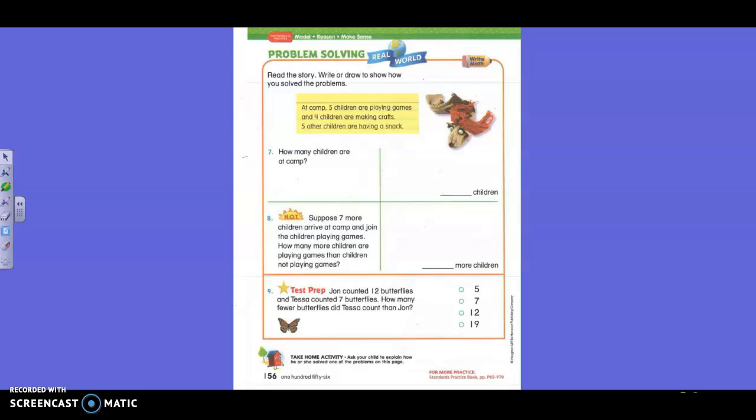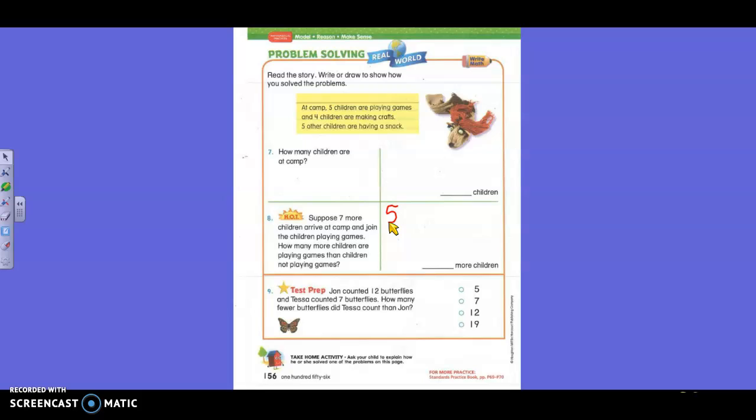Suppose 7 children arrive at camp and join the children playing games. How many more? Wait, what does how many more mean? Subtract. How many more children are playing games than not playing games? Okay, this is a 2-step problem, guys. How many children did it say are playing games, first of all? 5 children are playing games.